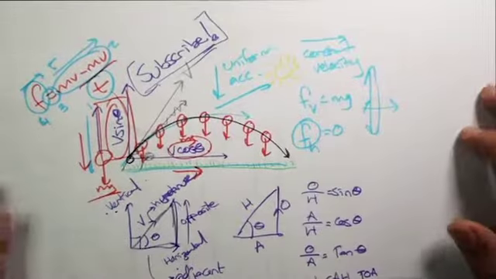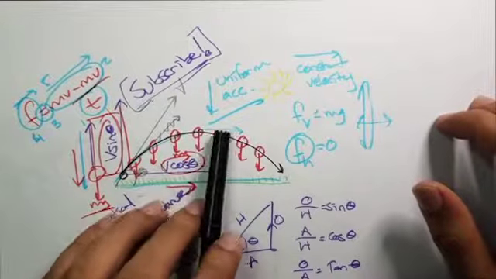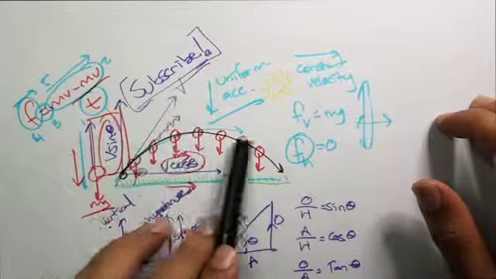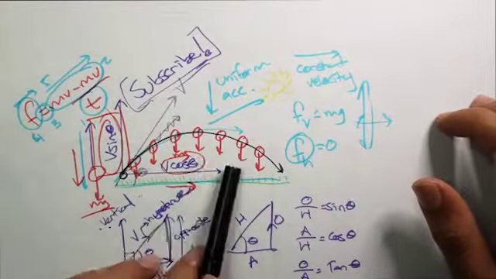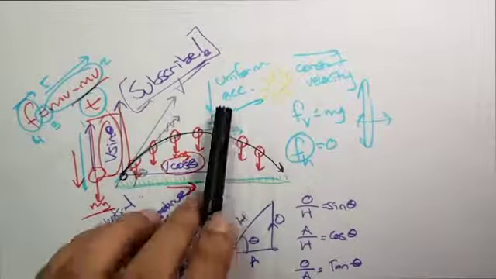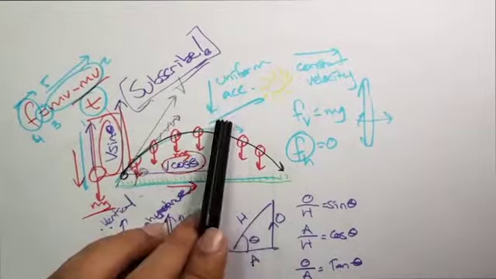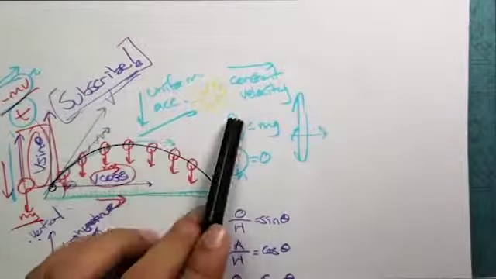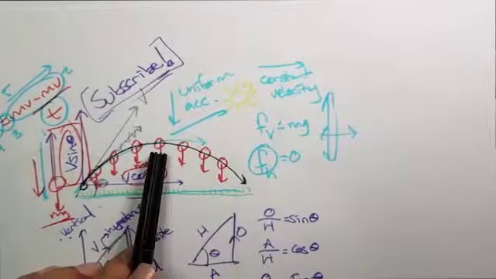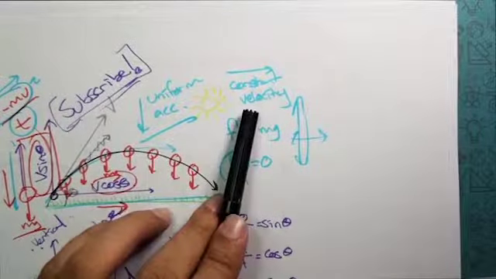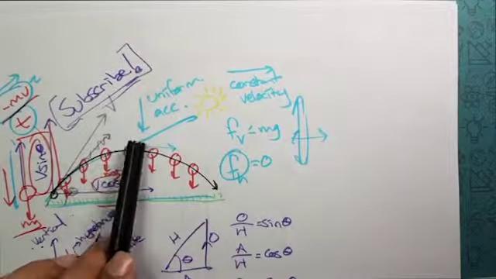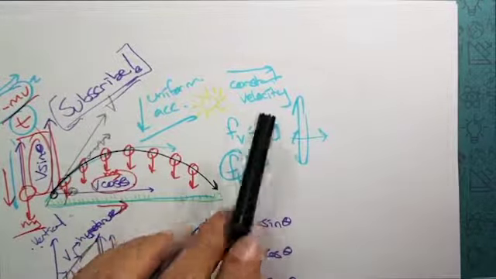Throughout the entire flight, there's only one constant vertical acceleration. So you have uniform acceleration vertically, but constant velocity horizontally. Why? Because we have a uniform constant force vertically and no force horizontally.